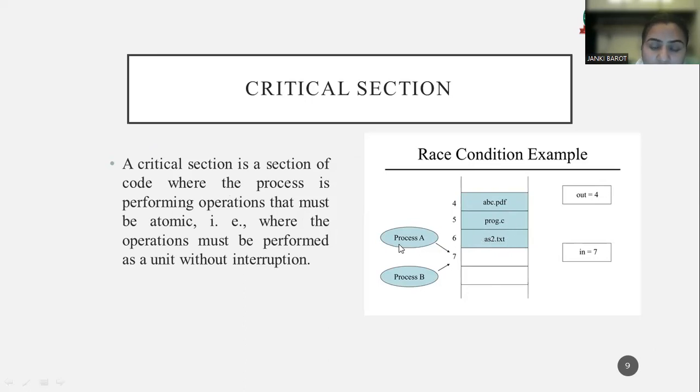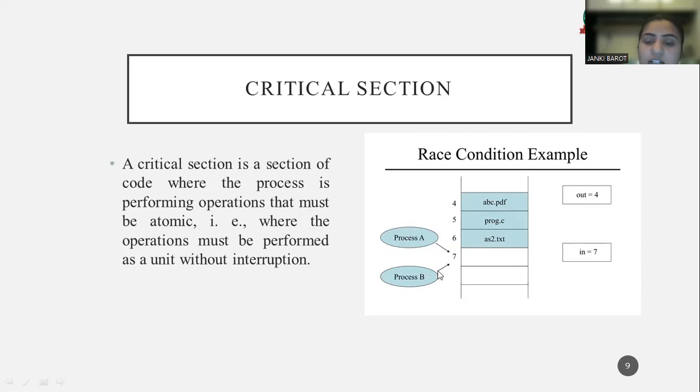But when process A and process B were created and given the command at the same timestamp, they looked for a free slot in memory for execution. So both processes find that the seventh position slot, this address, has a free slot.